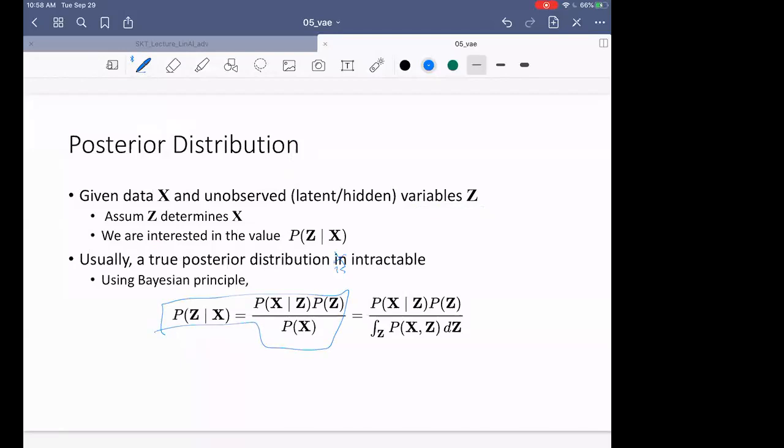So this is pretty straightforward. If you multiply both sides with P(X), then P(Z given X) P(X) equals P(X given Z) P(Z), and they're both just the joint distribution of Z and X, right? So pretty straightforward, it's the Bayesian principle.